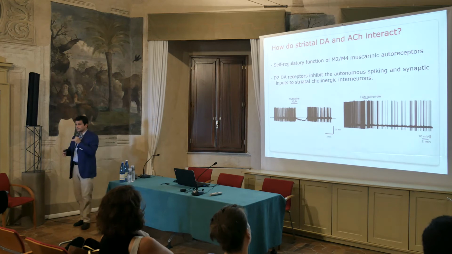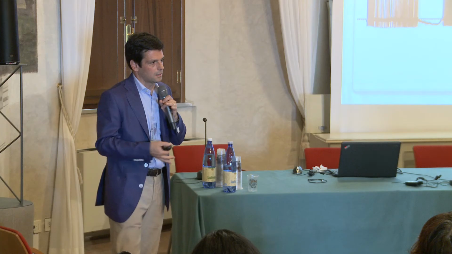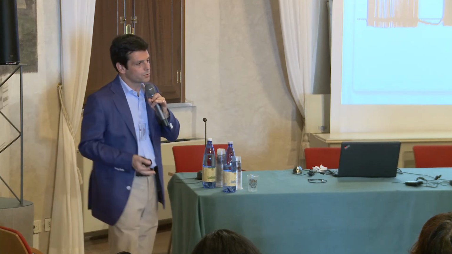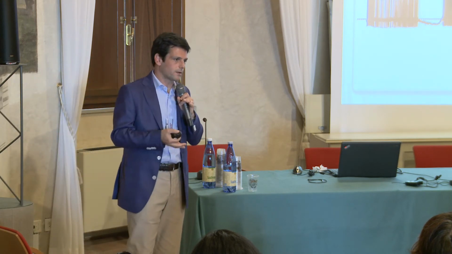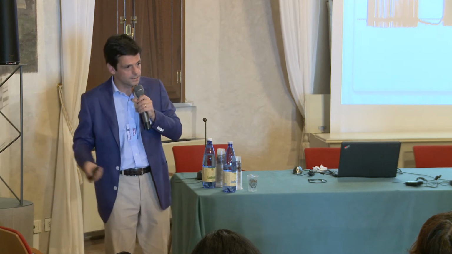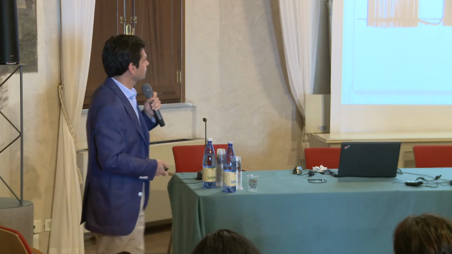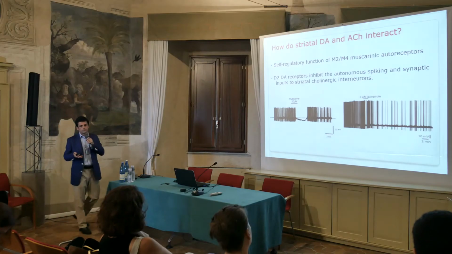Dopamine and acetylcholine interact in the striatum. And this is a crucial balance which is of relevance for movement disorders, we will see later on. And how do they behave?